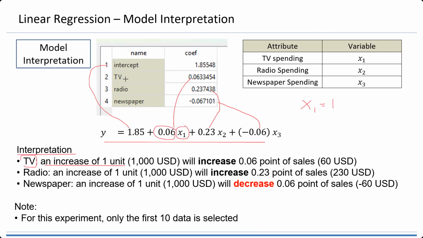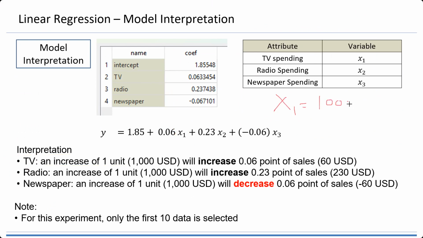It means if I have a budget of 1,000 US dollars for the TV, then this will be 0.06 multiplied by 1. So the formula will be, let's say, x1 equals 1, x2 equals 0, x3 equals 0.